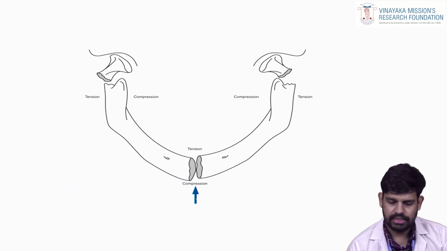So in this picture you can see heavy force causing compression on the outer surface, leading to tension on the inner surface, and fracture of the symphysis. Before it gets fractured, it dissipates force on either side, leading to fracture of the bilateral condylar heads.